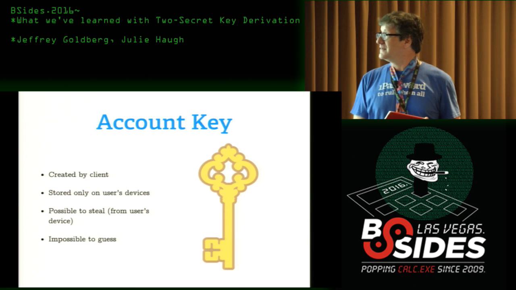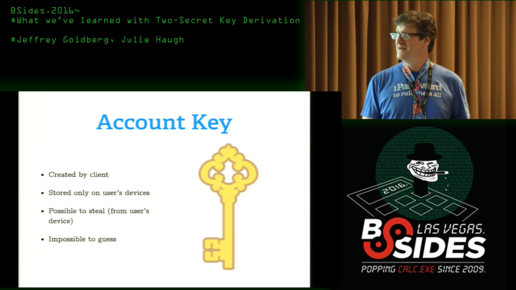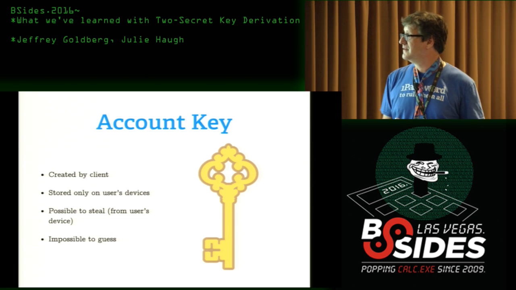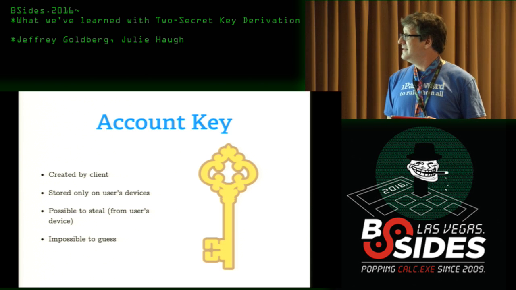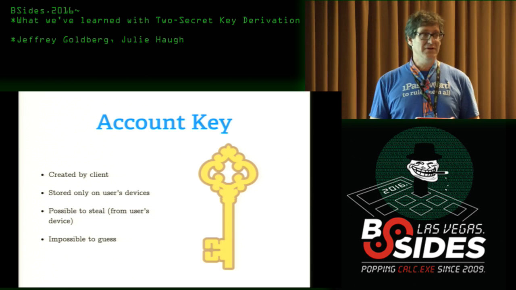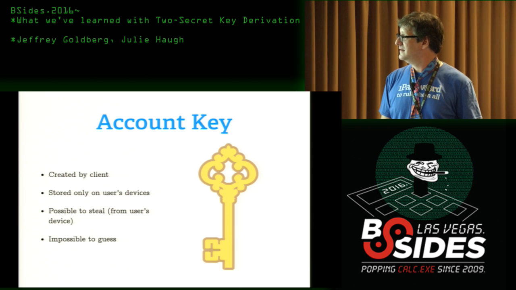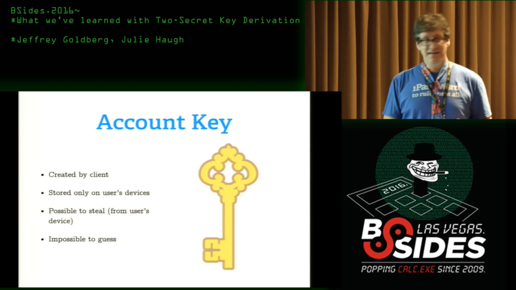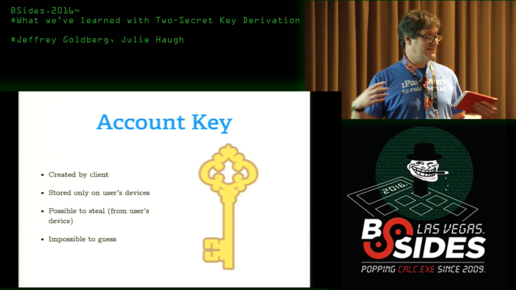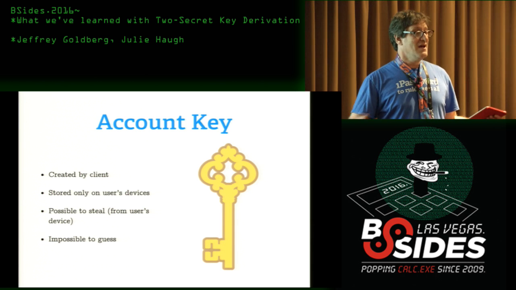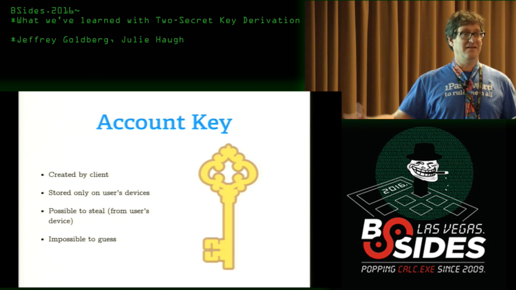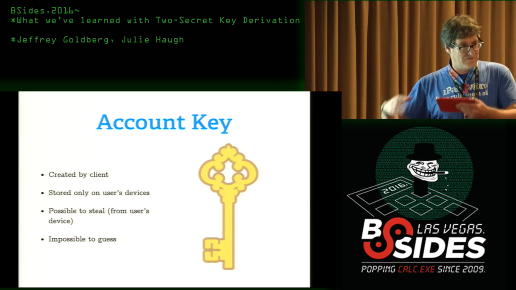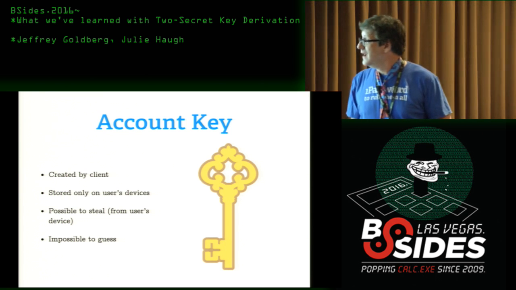Now, the account key is created randomly by the client, 128 bits. It is stored only on the user's device. It is possible to steal because it's stored on the user's device before they actually get their keys for encrypting their data.